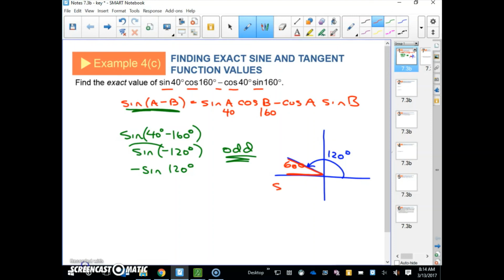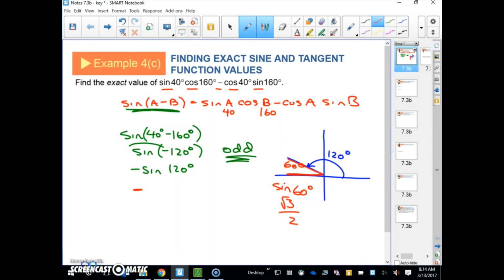So it's kind of like we're finding sine 60. Sine 60 straight from the chart. That's square root of 3 over 2. Okay, sine 60 is square root of 3 over 2. But notice the negative sign difference.